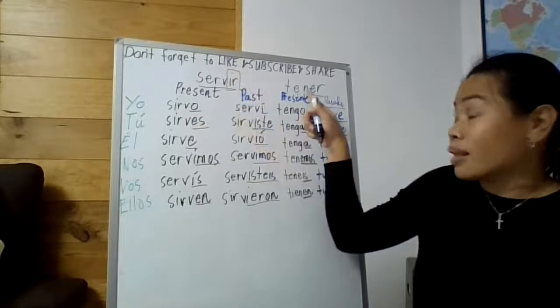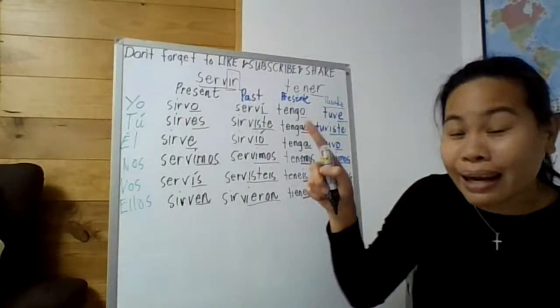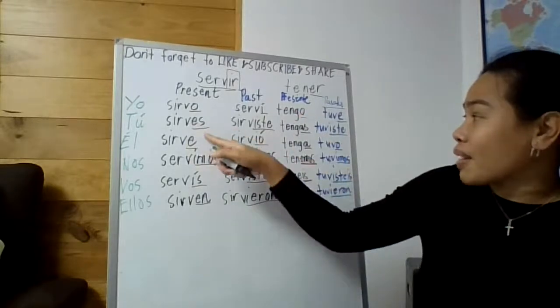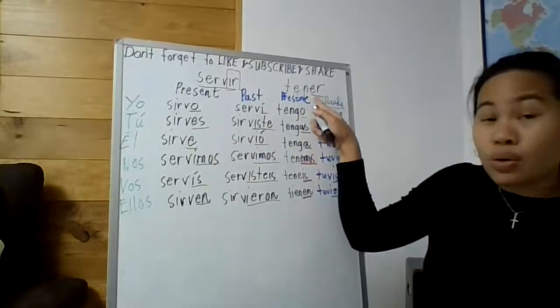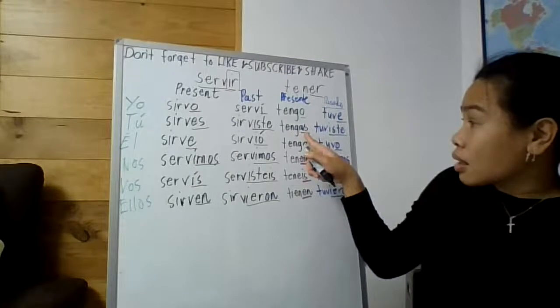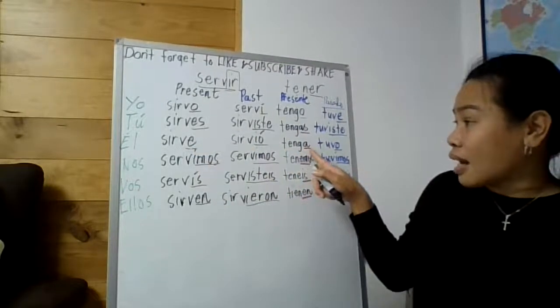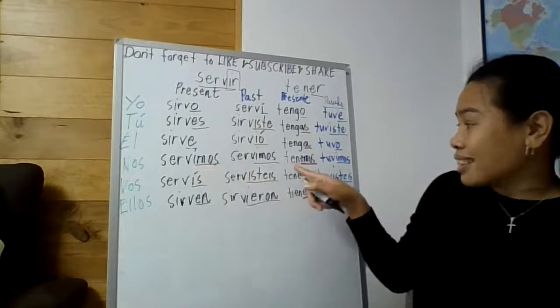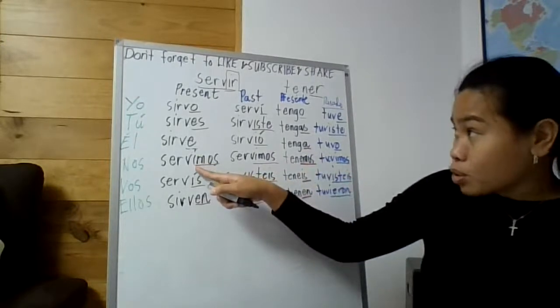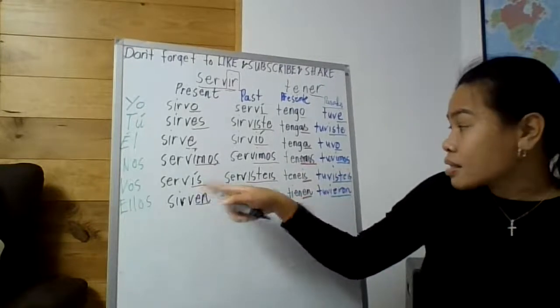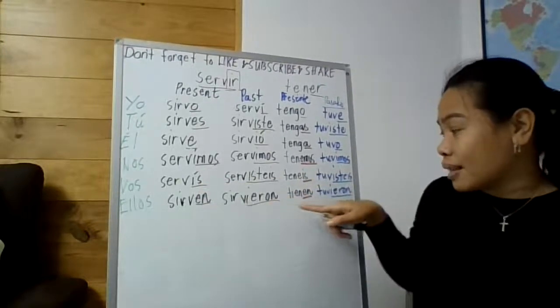And verbs that end in ER: tengo. Sirves, tienes. So as you can see, here it's es and here it's e: sirve, tiene, servimos, tenemos, imos, and here it's emos. And then servís, tenéis, sirven, tienen.